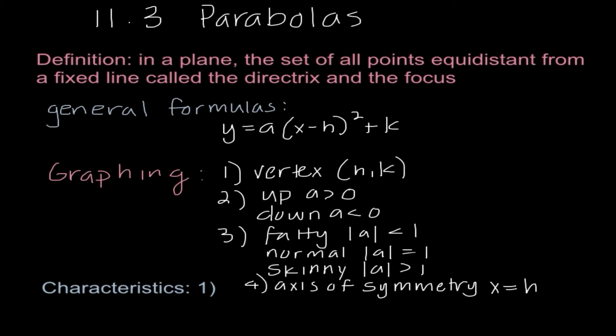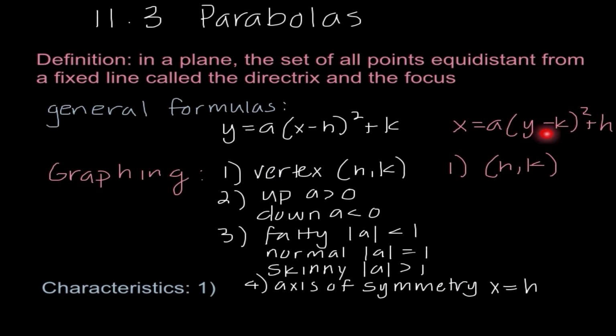Now we have a second type of parabola that we're working with today, and this general formula is x equals a times y minus k squared plus h. Our vertex is once again (h, k). But I want to point out that in our first equation, y equals, h is in the parentheses with x, which tells me that value should be the x value of my vertex.